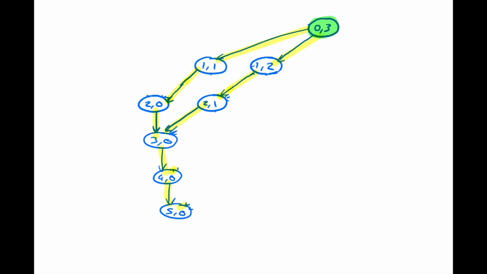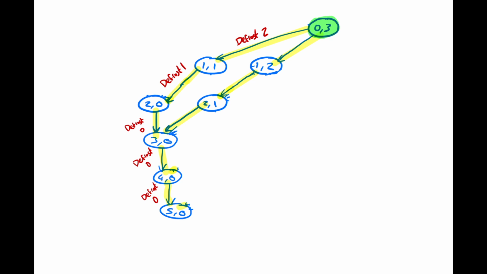What do those paths correspond to? So the first path, the uppermost path, would correspond to defrost 2 on the first day, defrost 1 on the second day, and defrost 0 forevermore.